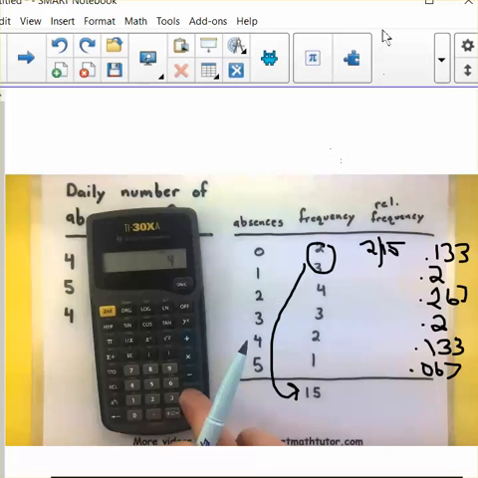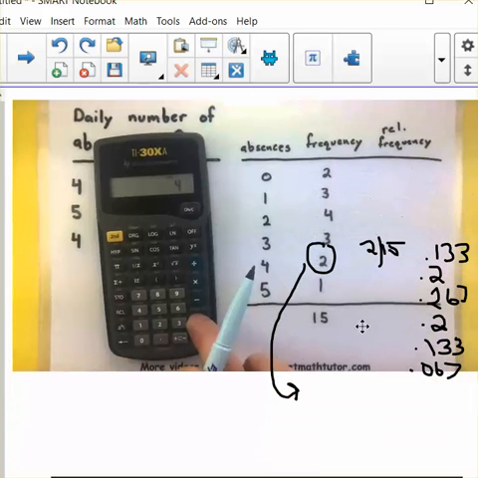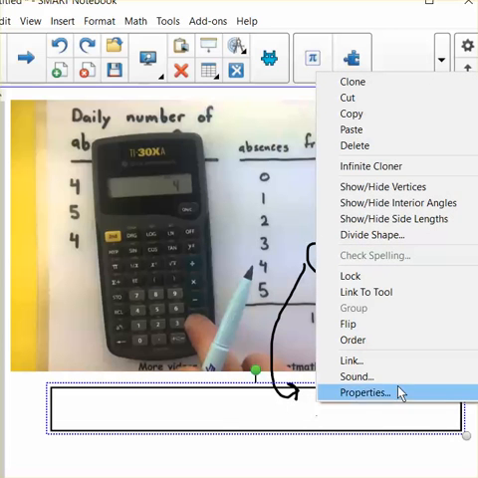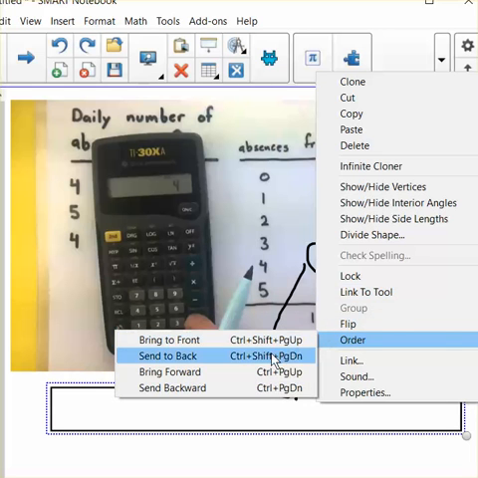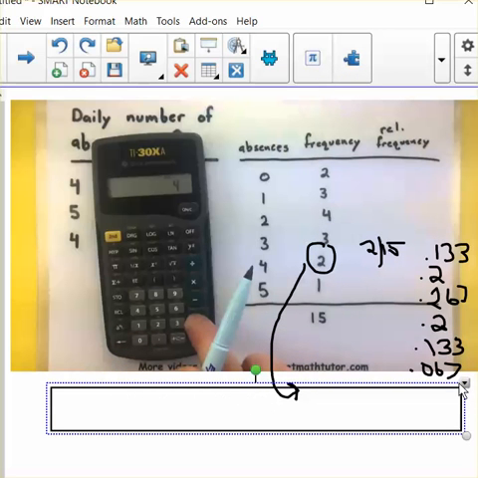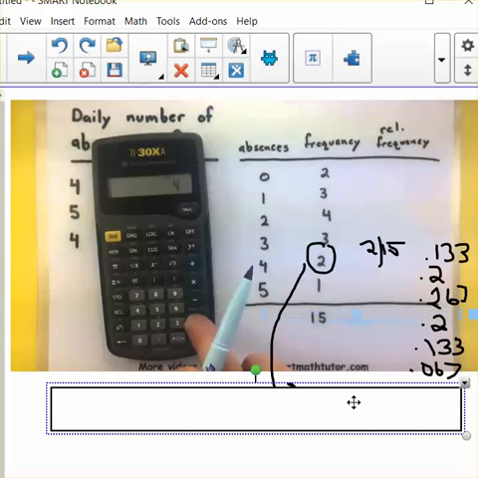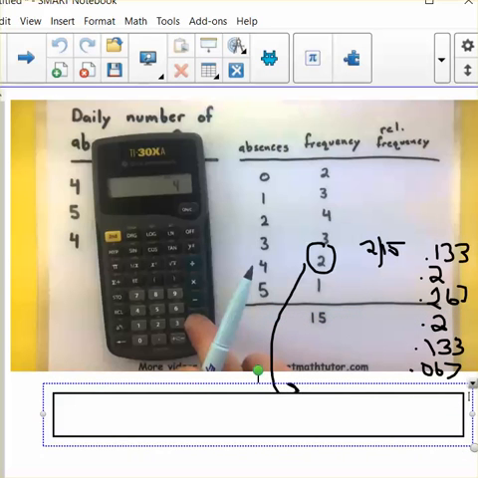And when I do this, I'm going to show you that the sum of all of these relative frequencies, if I add up this plus this plus this plus this plus this plus this, I'm going to get 1.